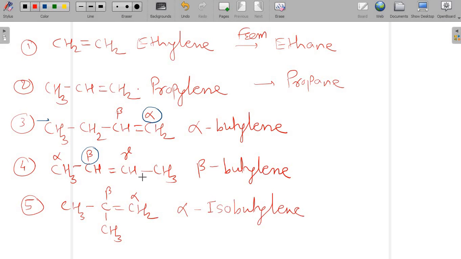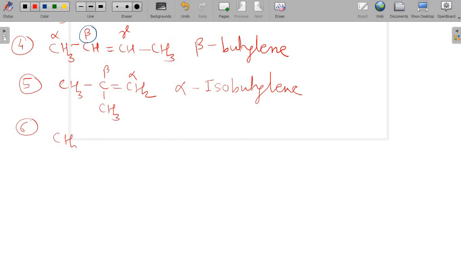Then the next example we will see. This is CH3, CH2, CH2, CH double bond, CH2. There are 5 carbon atoms in total, and if you give the numbers, this is the alpha and beta position. That's why it is alpha pentylene.